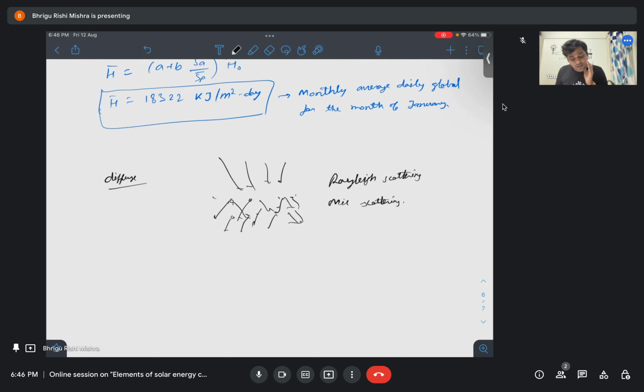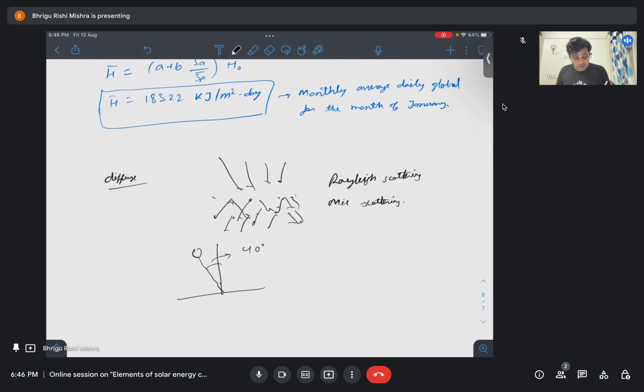Incident angle means, suppose the sun is coming, not at the zenith, but suppose the incident angle is right now around 40 degree.